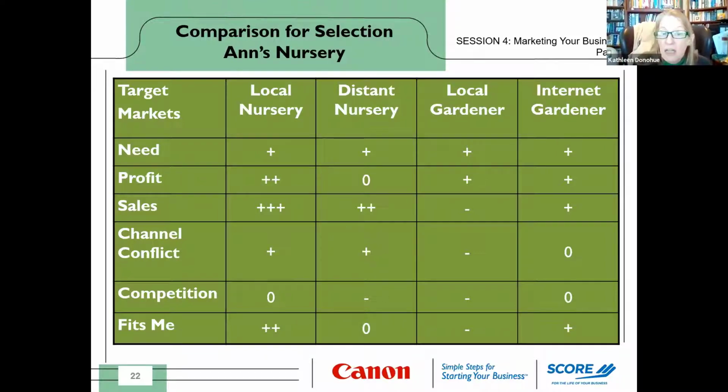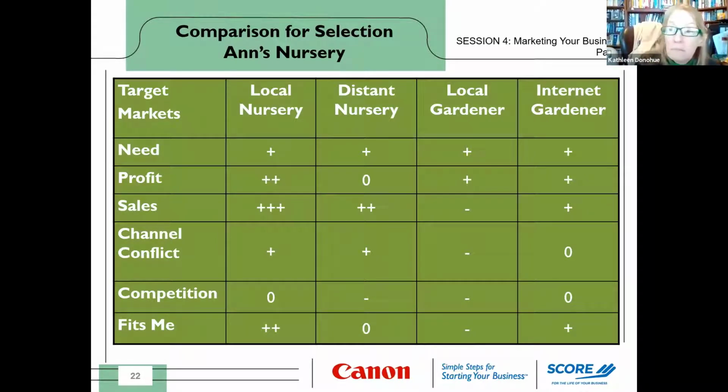What she thought she had a lot of strength in is selling her plants to those local nurseries where people go and buy their flats of spring flowers or other stuff like that. And so the things that she felt she was strong in, she gave a plus. If she felt very strong, 2 pluses, very, very strong, 3 pluses.